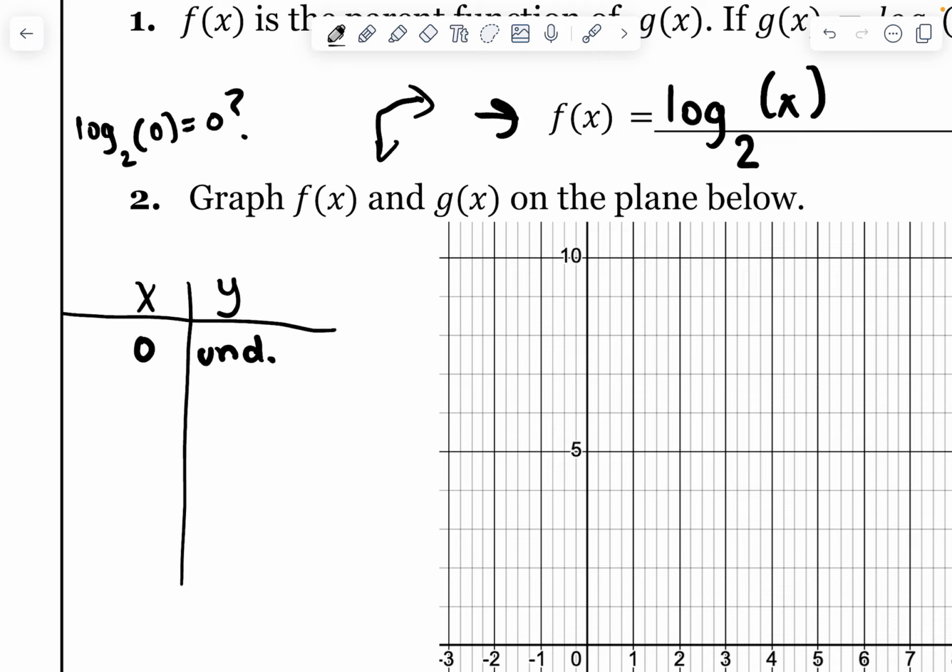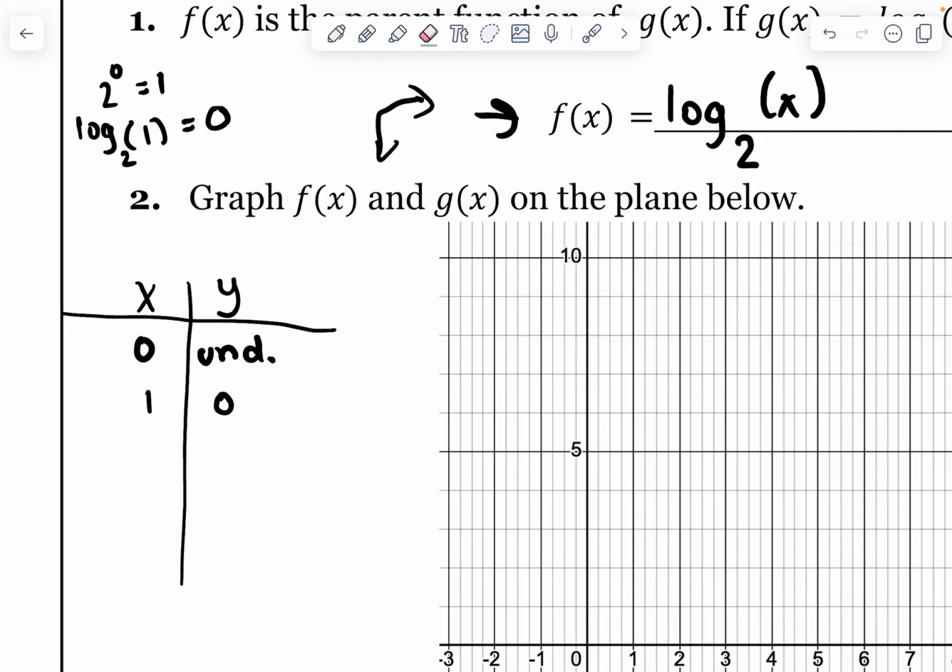Okay, so scratch that. Log base 2 of 1 is going to be equal to 0 because 2 to the 0 power is equal to 1. So when your input is 1, your output is 0.